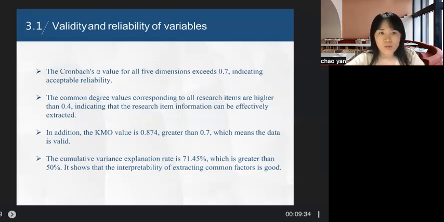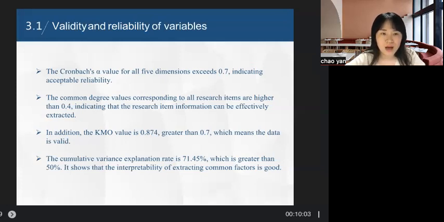The Cronbach's alpha value from 5 dimensions exceeds 0.7, showing acceptable reliability. The communality values corresponding to all research items are higher than 0.4, indicating that the research item information can be effectively extracted.